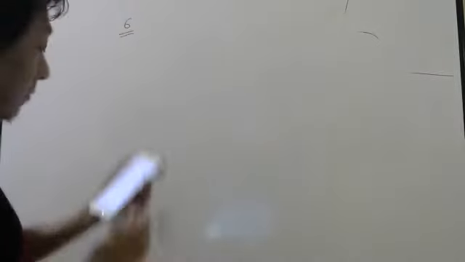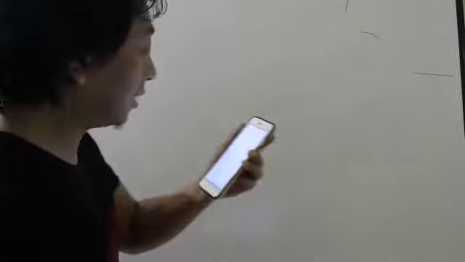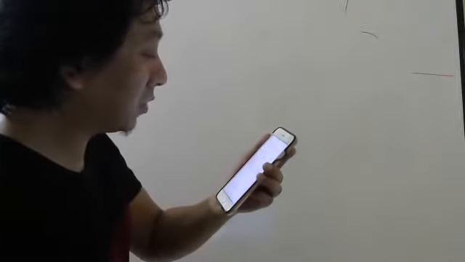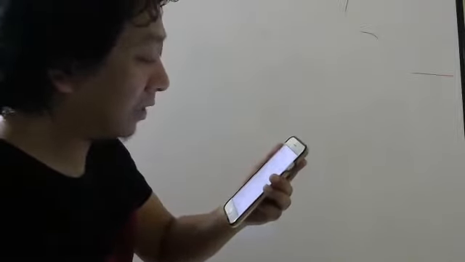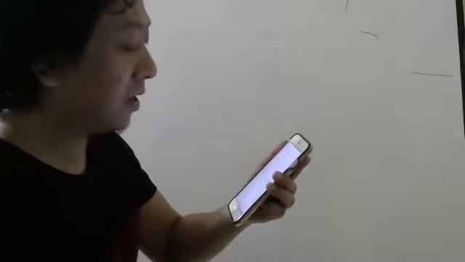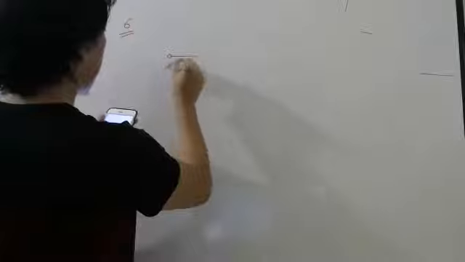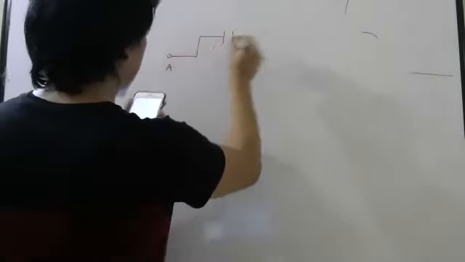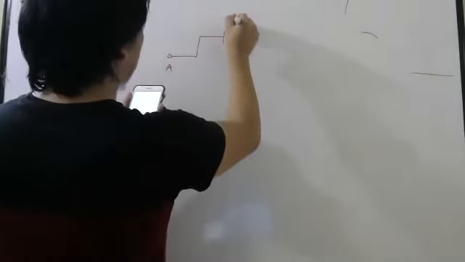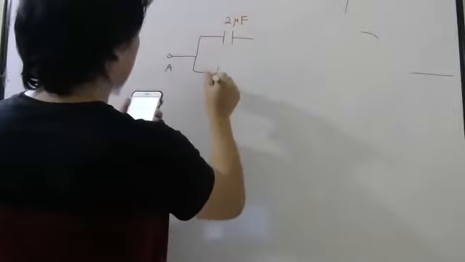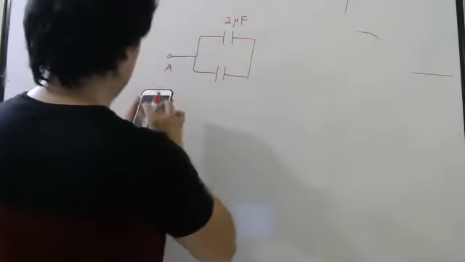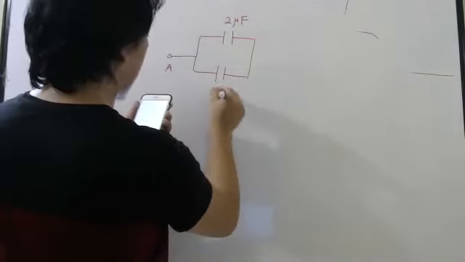Look here. For the circuit shown below, a potential difference of 20 volt is applied between A and B across points A and B. So here is A. Here is one capacitor, 2 microfarad. Here is one capacitor, 3 microfarad.